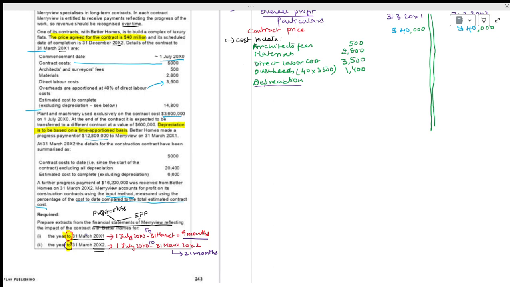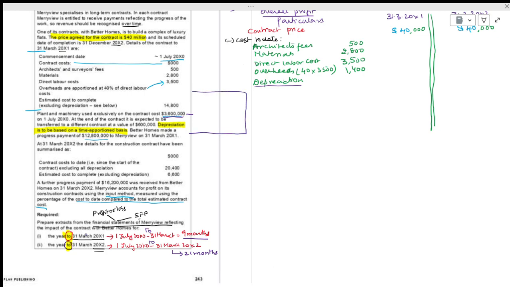The value of the asset is how much? 3.6. Okay. And they have transferred to another contract. How much have they transferred to another contract? 600,000. Is it right? 600,000. Just I am putting like this.